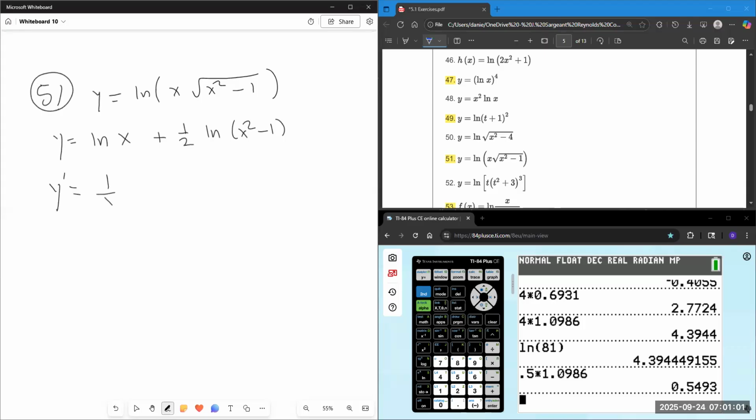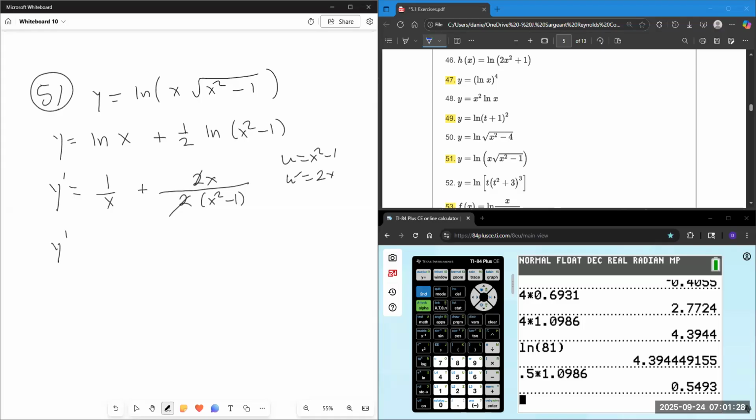So this is 1 over x plus 1/2, and then this is my u down here, and then my u prime is up here. So u is x squared minus 1, u prime is 2x.